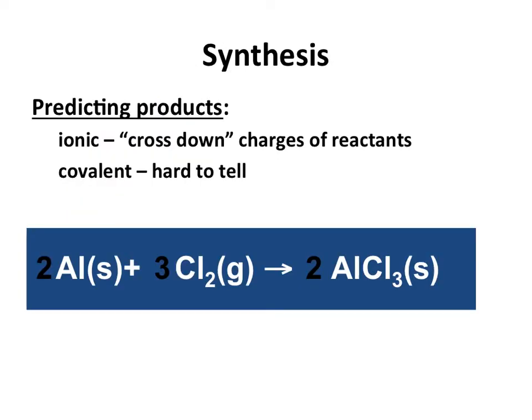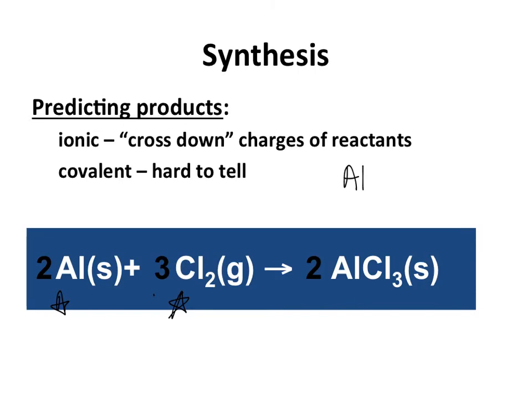So how are we going to actually predict products when it comes to synthesis reactions? In synthesis reactions, for ionic products, typically if we're starting with a metal and a nonmetal, you can just take the individual elements, because we know metals and nonmetals coming together will give us an ionic compound. We take those 2 and we use the cross-down method.